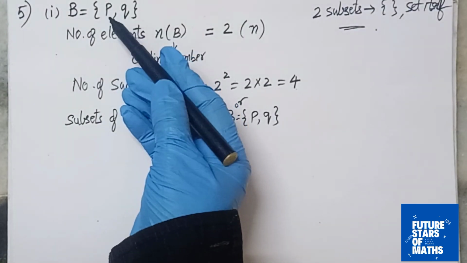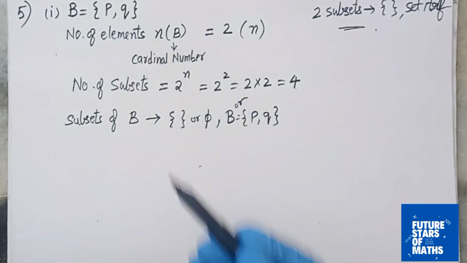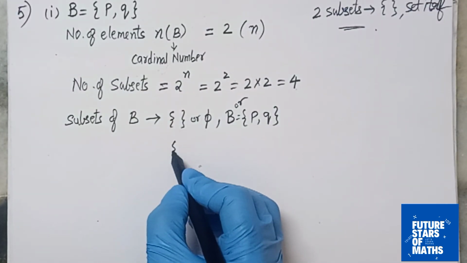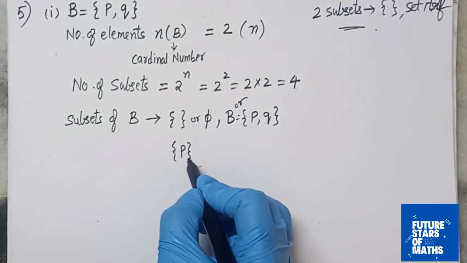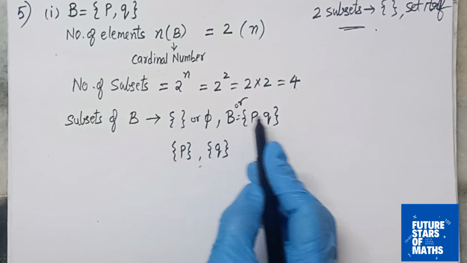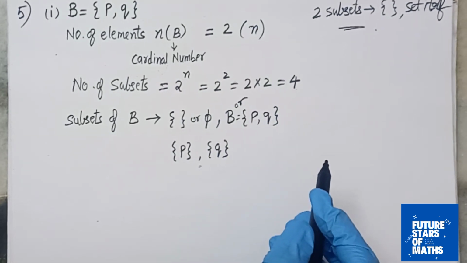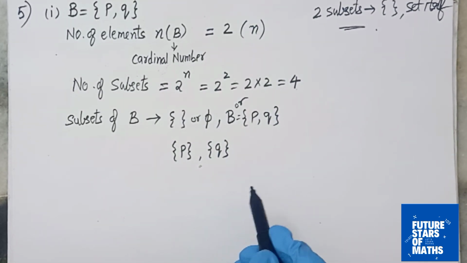From this set we write the small sets which we can get separately. So we can write P separately, then Q separately. So how many did we get? 1, 2, 3 and 4. Is it clear now, students?